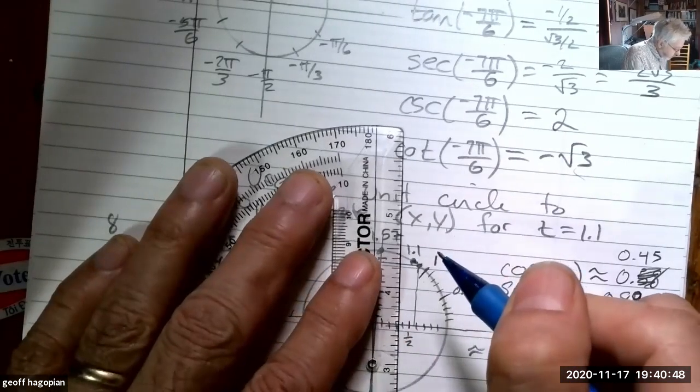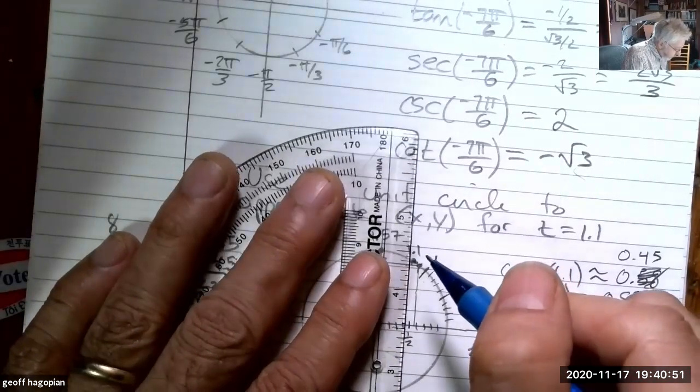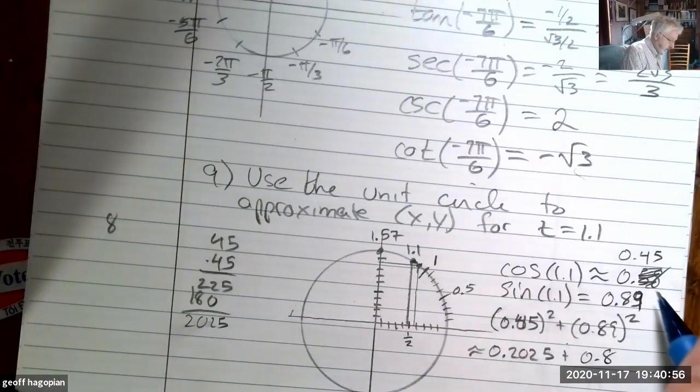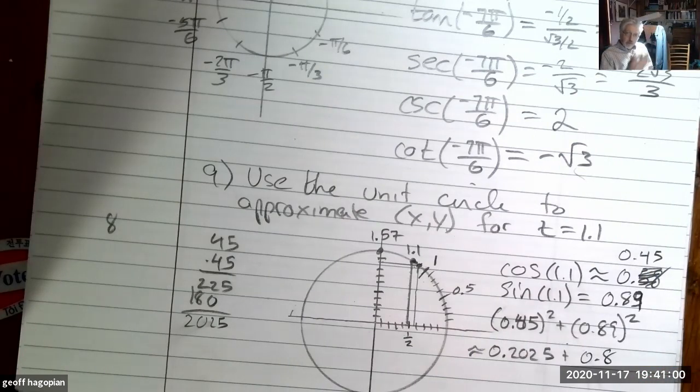If I drop a plumb line down from there, I get something between 0.4 and 0.5, which turns out to be 0.45. I got the 0.45 using a calculator, but I wanted to say what that means in terms of the distance traveled around the circle, the value t. 1.1 is the distance traveled counterclockwise around the unit circle from the x-intercept. Then you drop a plumb line down to the x-axis, and that's my x-coordinate there, which is the cosine of 1.1 by definition. Okay.